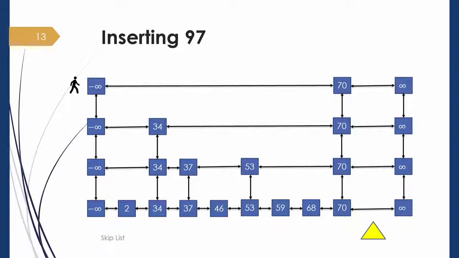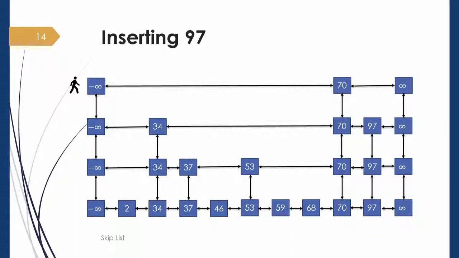And then now what do we do? We will have to toss an unbiased coin to figure out how many levels 97 has to occur in. Let us say we tossed a coin and we got 2 heads before a tail.